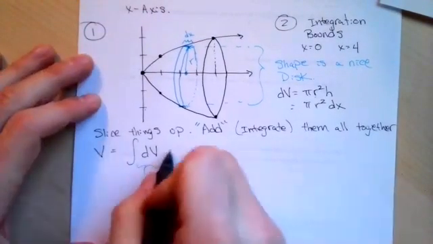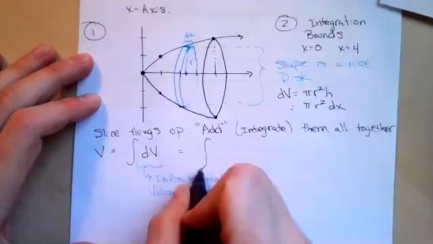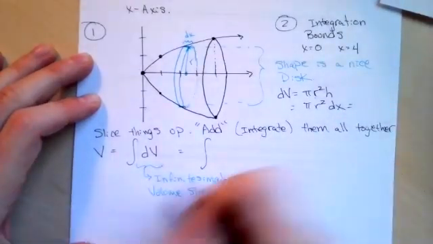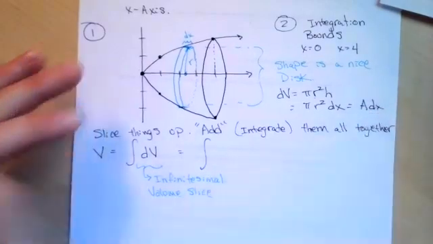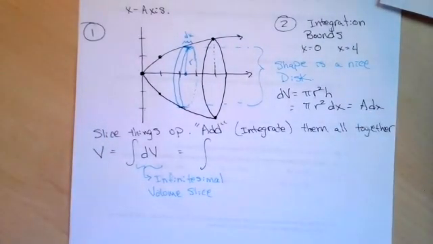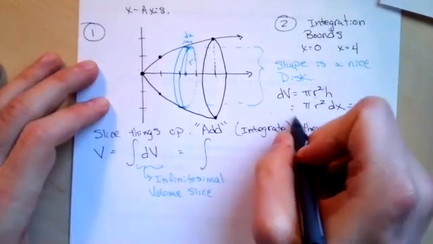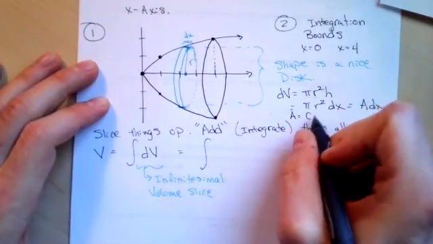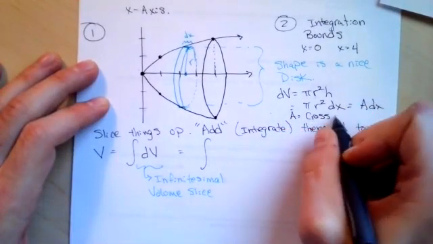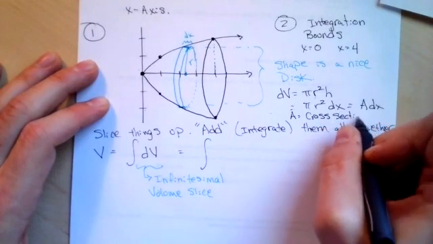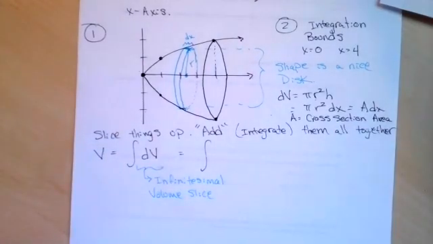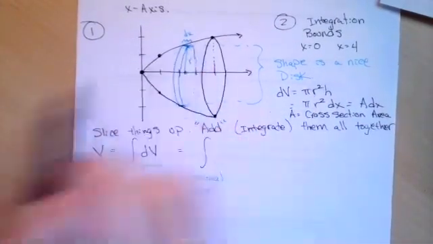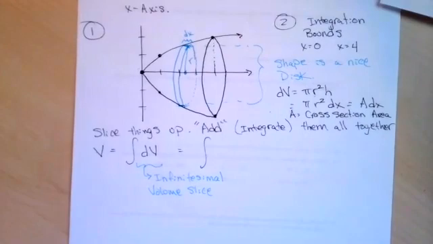So let's go through this. And actually, I'm going to write this as A times dx, where A is the cross-sectional area. Pi r squared, of course, is the area of one of the faces there.